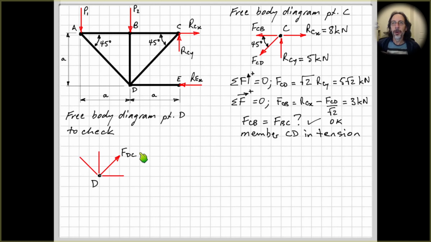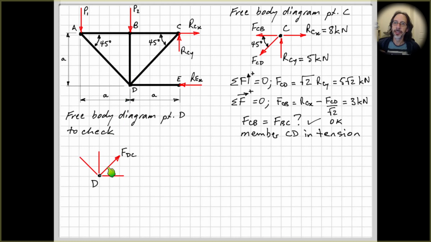If you'd done the problem where you hadn't calculated the external reactions first and were just making your way through the problem using method of joints, then your known input into the problem after having done equilibrium at joint A and then B would have been the force in member AD and the force in member BD would be your known inputs.